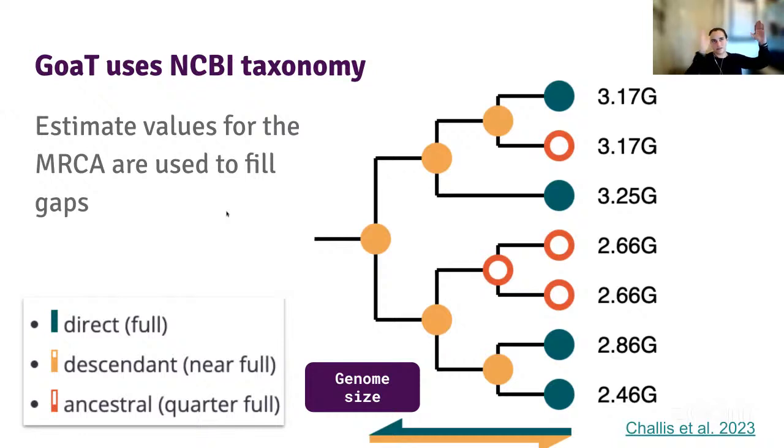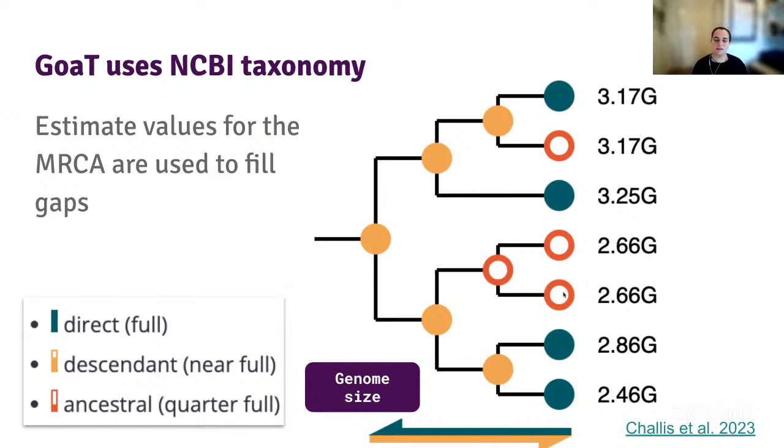And then GoaT comes back, filling up whatever is missing data with the estimates from the most recent common ancestor node. This is used to fill the gaps. So let's say that we have these two species here, there is this value, and here a full clade with missing data. What it did was go back, populate all of these values, and then return and populate with the median all of these possible estimates.